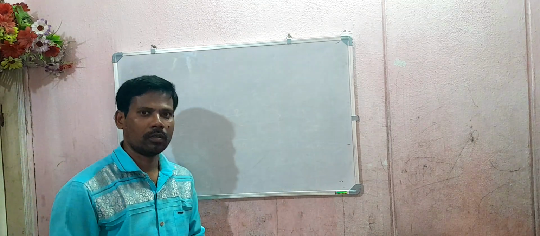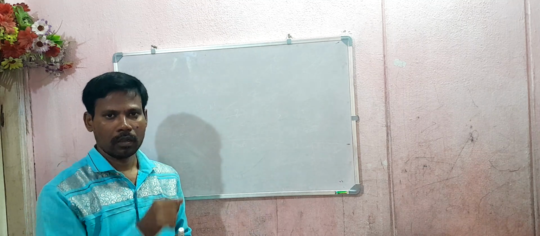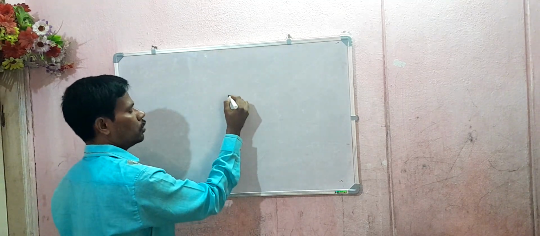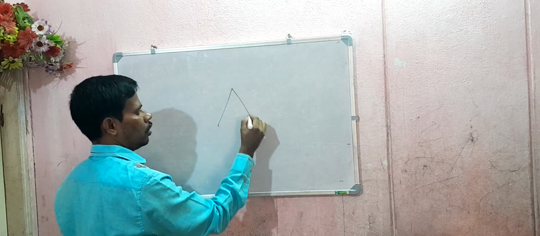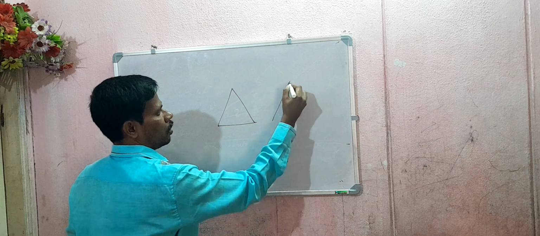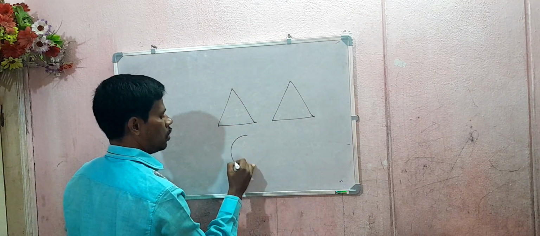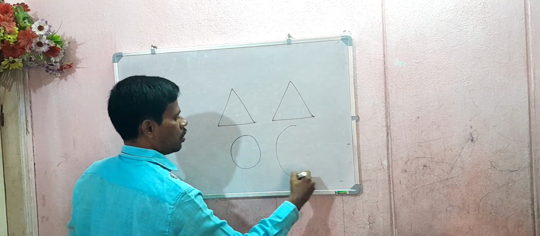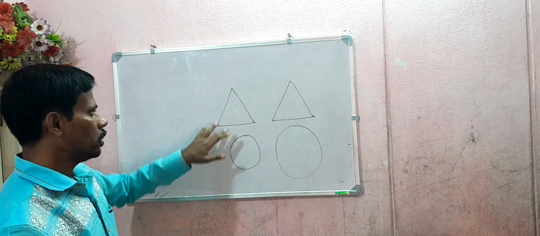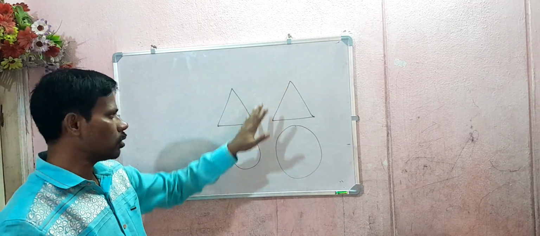Congruency means having the same shape and same figure. Just look at these diagrams carefully. These two look like having the same shape and same figure, so they are said to be congruent.